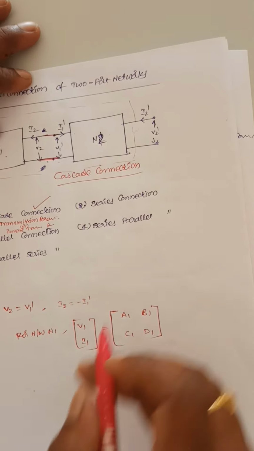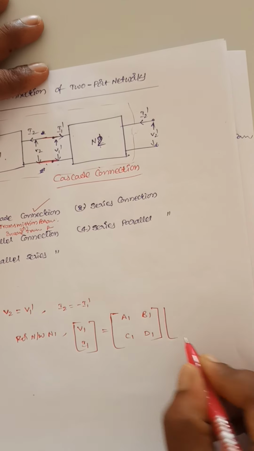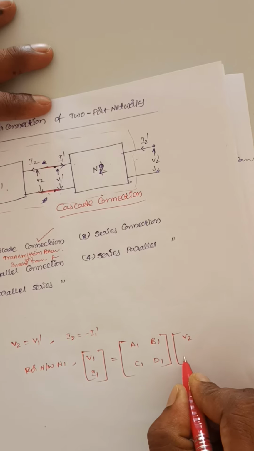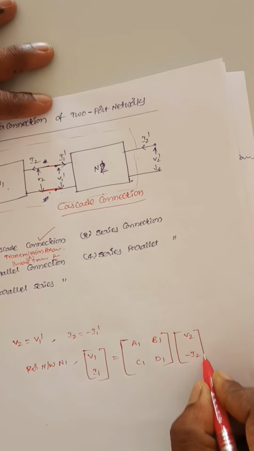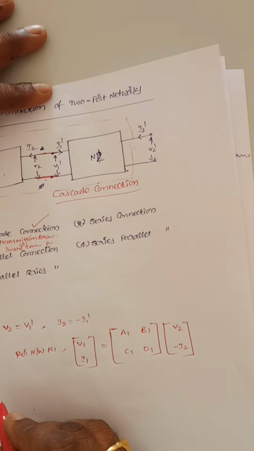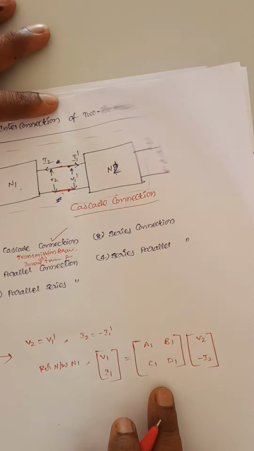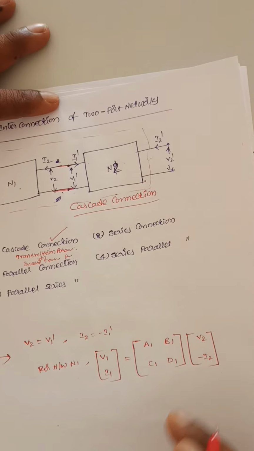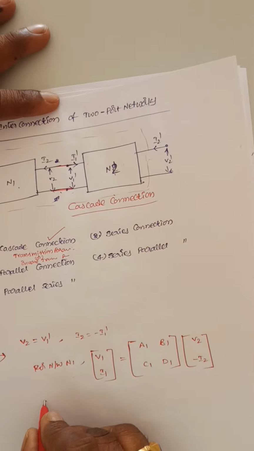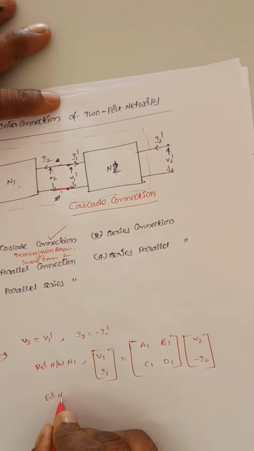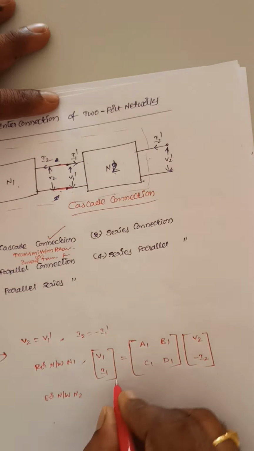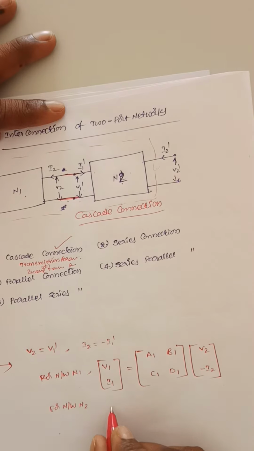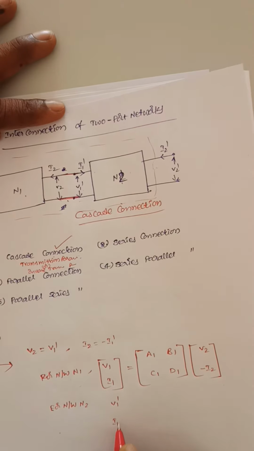So V1, I1 is equal to the matrix A1, B1, C1, D1 times V2, minus I2. For network N1, these are the equations. Next, for network N2, the inputs are V1 dash, I1 dash.